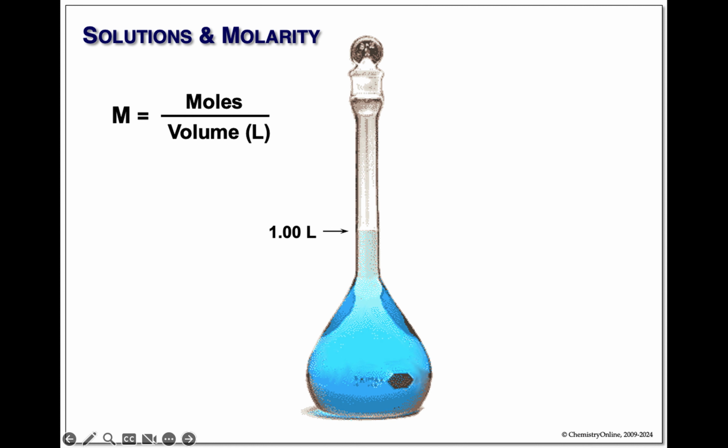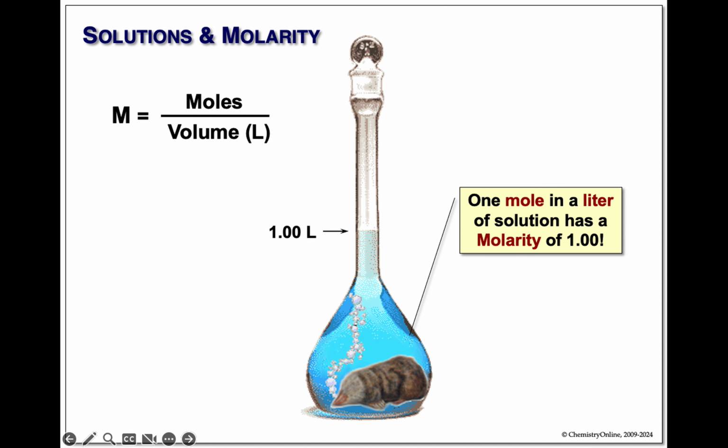You can get them in all sizes. So this is 1 liter, and this is 1 mole. We have 1 mole per liter. This would be a molarity of 1.